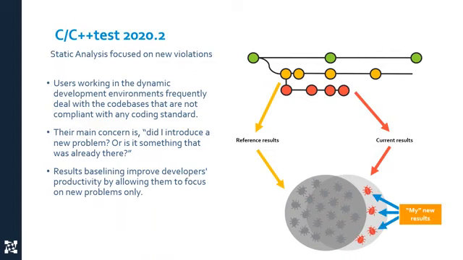So to summarize, results baselining helps in introducing a zero new violations policy, controlling compliance debt, and improving developers' productivity by eliminating tedious reviews.